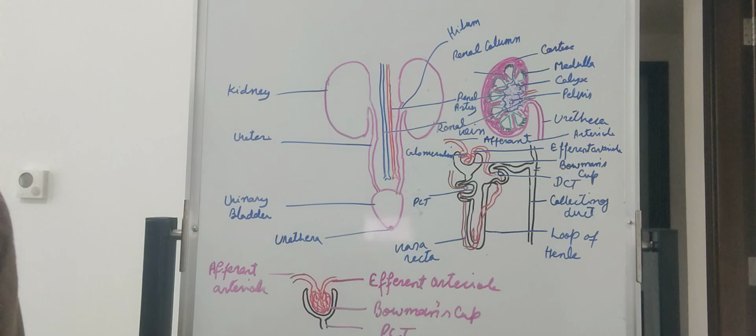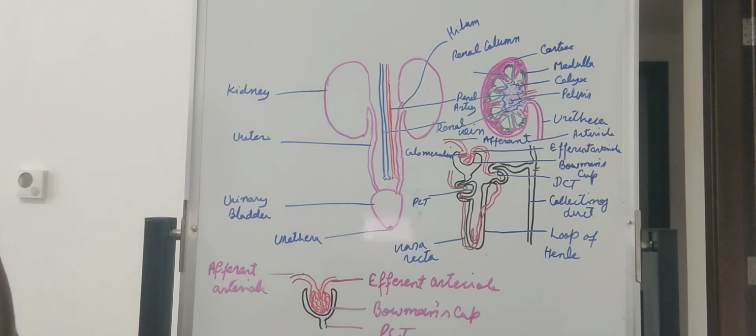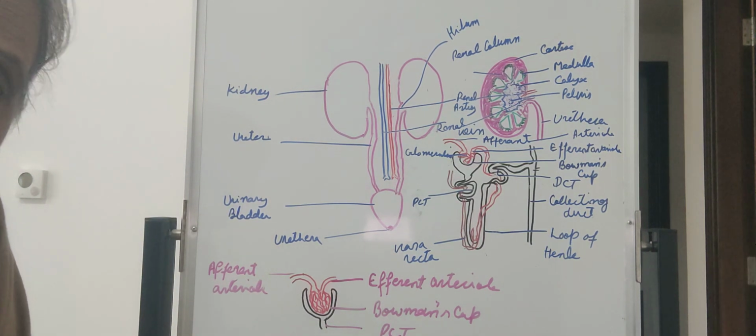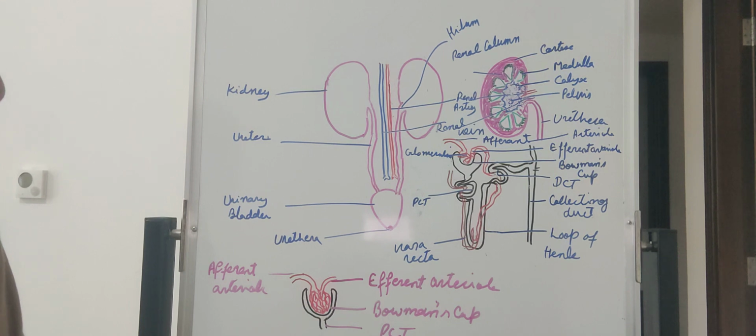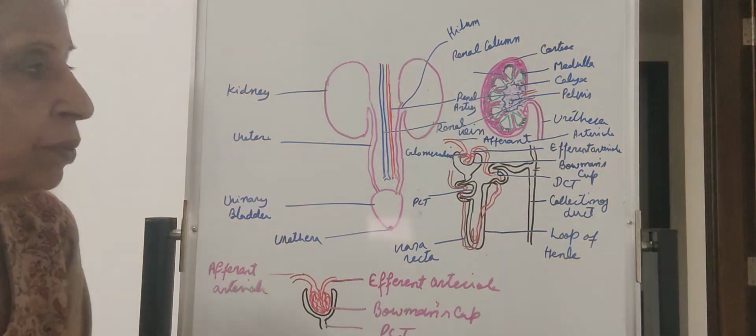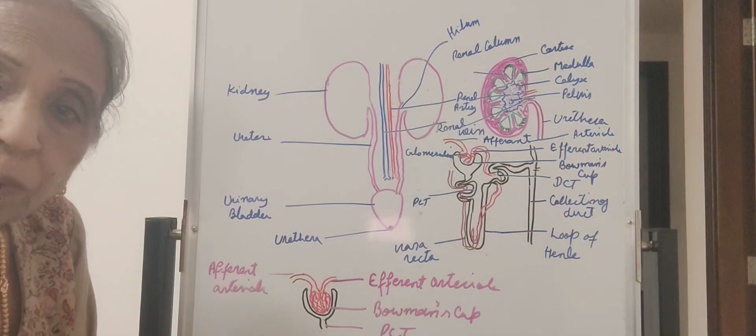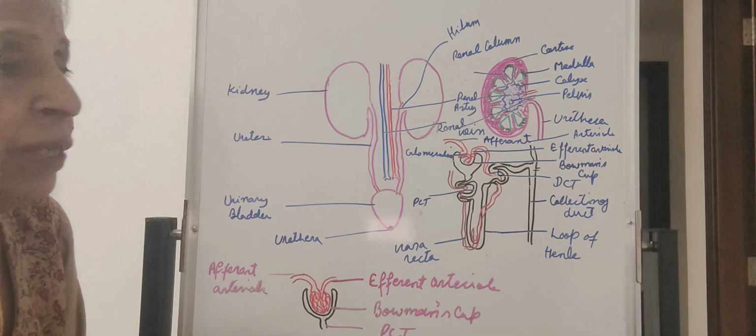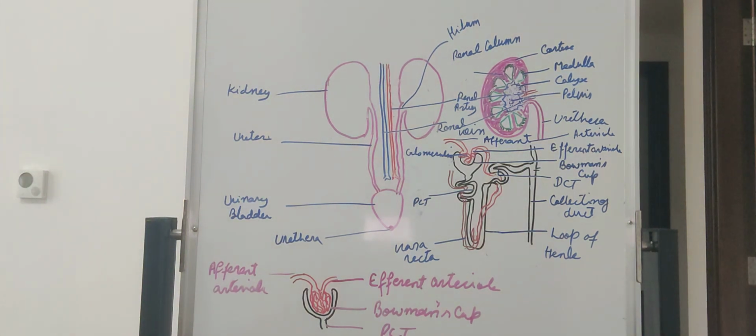The kidneys have millions of excretory complexes, renal complexes, which are called nephrons. They actually perform the function of urine formation.